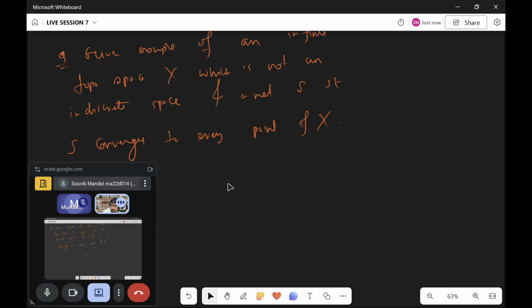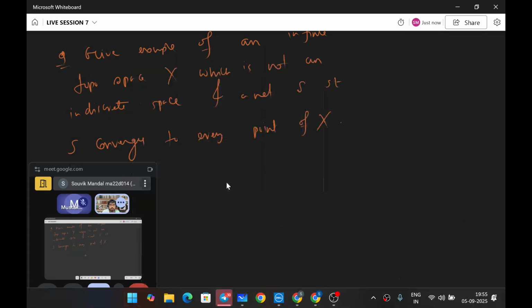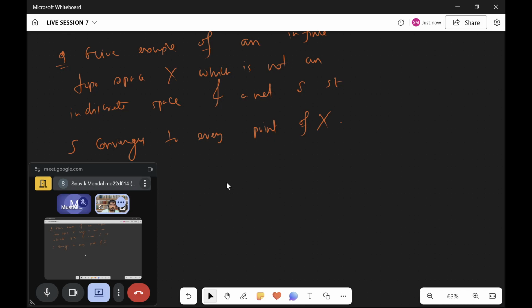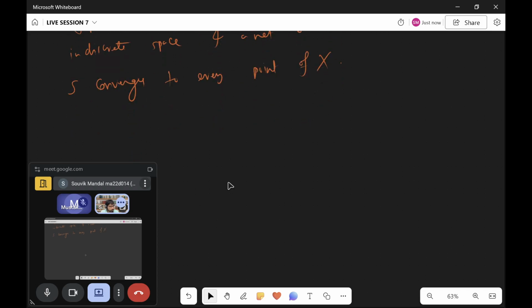So the example goes as follows. Take X equal to N with the cofinite topology, and S equal to the identity map from N to N. Why?